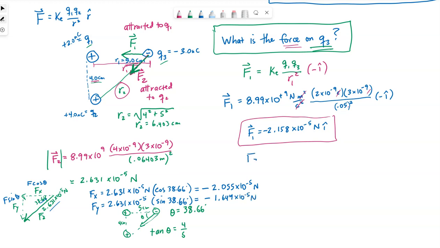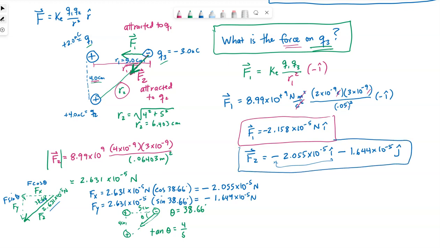So we can say that F2 is negative 2.055 times 10 to the negative 5th i hat. The negative i hat means to the left, minus 1.644 times 10 to the negative 5th j hat. The negative j hat means down. So we now have the two forces individually that Q3 is experiencing because of the other two charges.